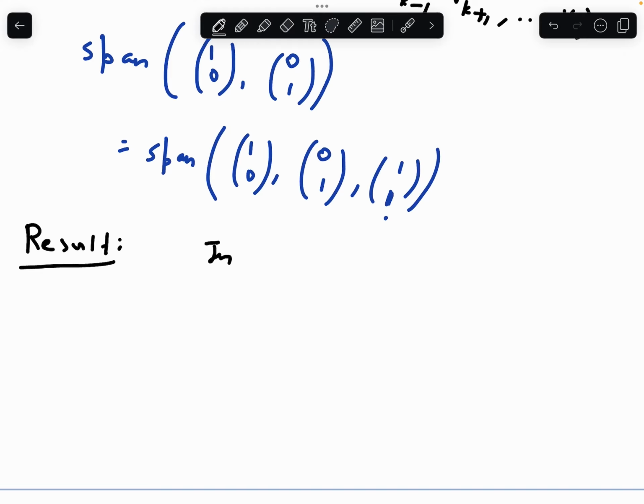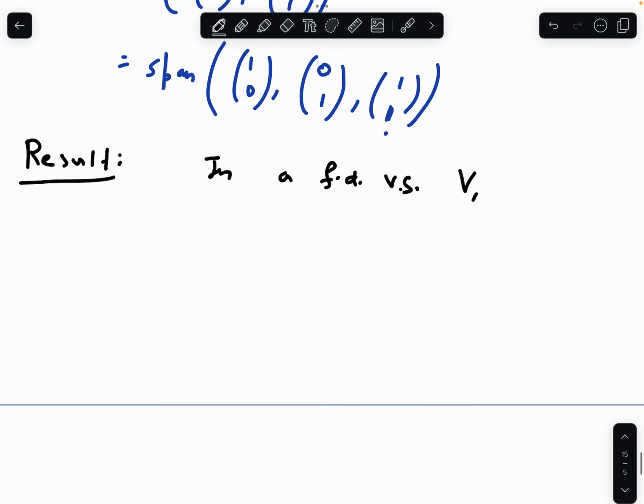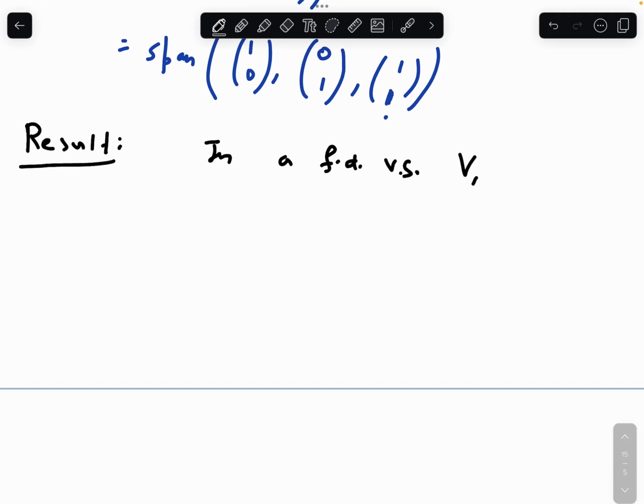So in a finite dimensional vector space, take any set of linearly independent vectors, right?